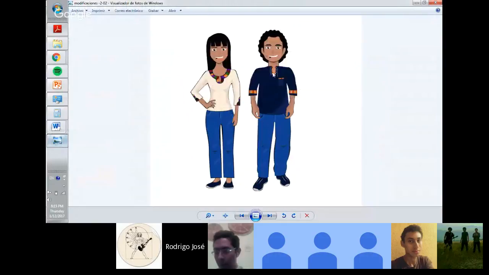So we have Pepe and the girl, for whom we don't have a name yet. Pepita? No, because there is Peppa Pig and we don't want to confuse people. In our group you could propose names if you want.